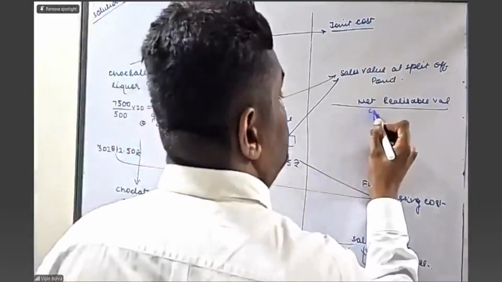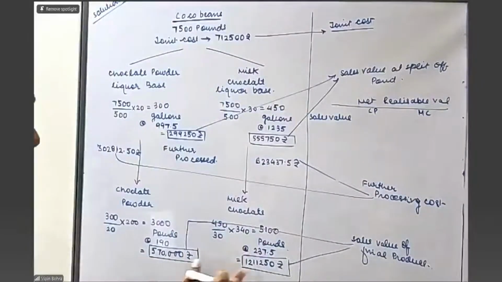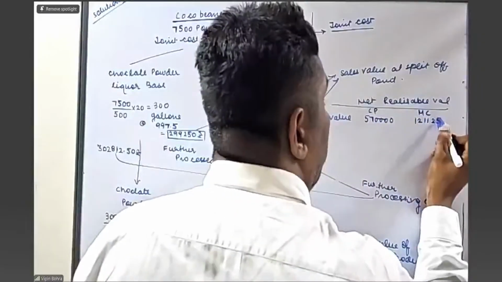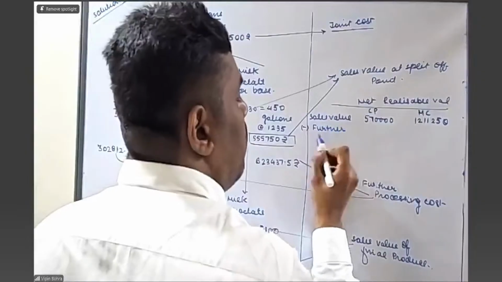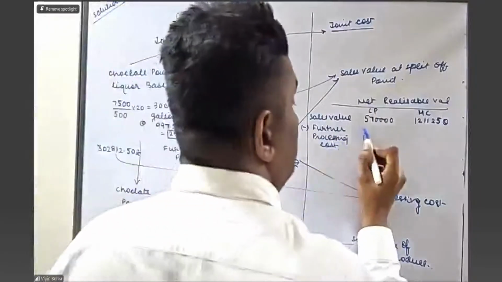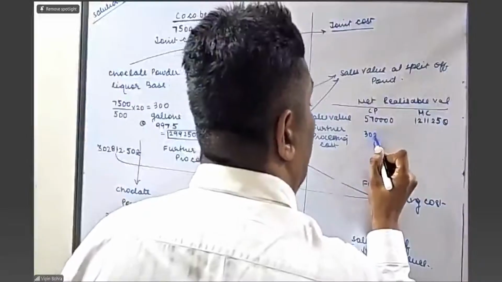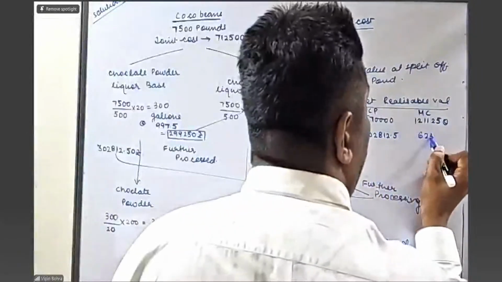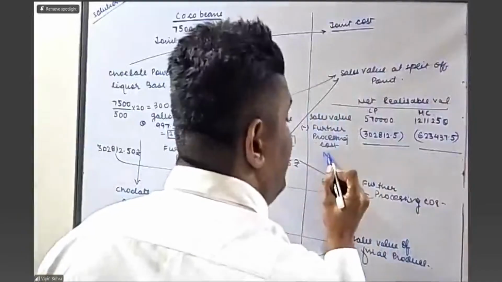So for chocolate powder and milk chocolate, sales value is how much? 5,70,000 and 12,11,250, minus further processing cost, which is 3,02,812.5 and 6,23,437.5. So we'll get the NRV.